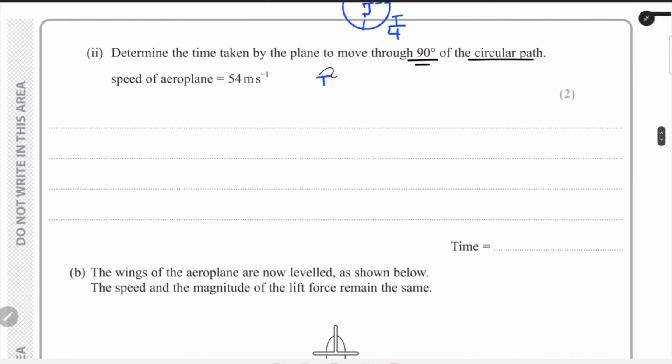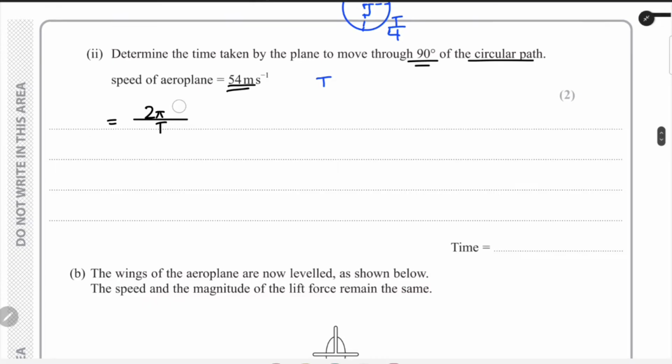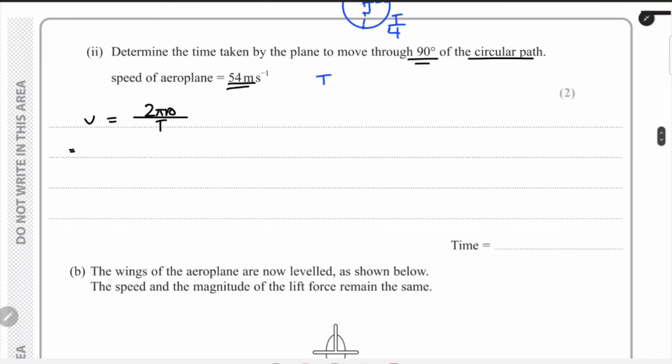I can find the time period over here, since I know the speed and the radius. The velocity v will be 2 pi r by T. Basically it comes from the fact that the angular velocity is 2 pi by T and v is omega r. So if I multiply r on both sides, on the left I'll be left with v, and on the right I have 2 pi r by capital T, the time period.